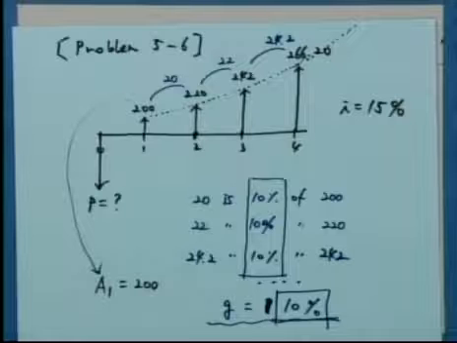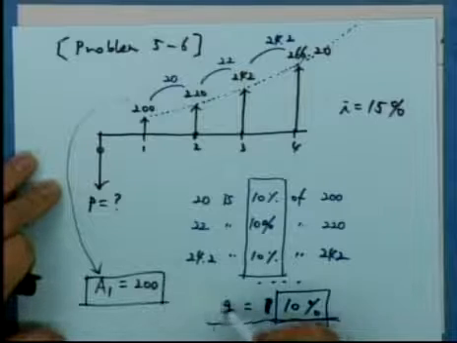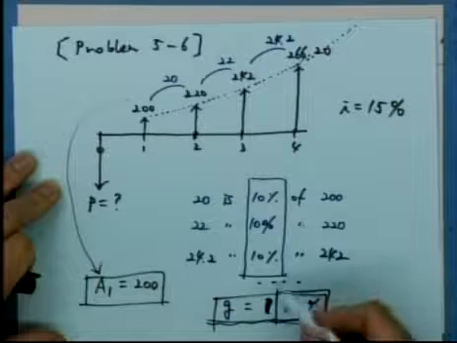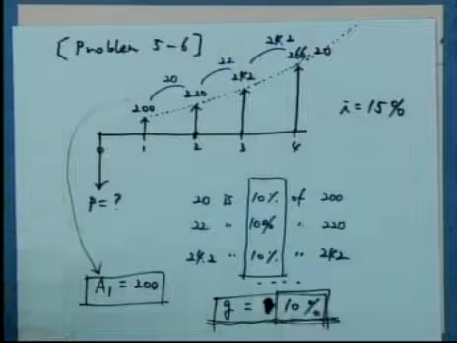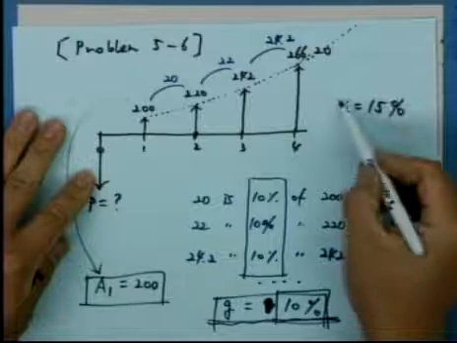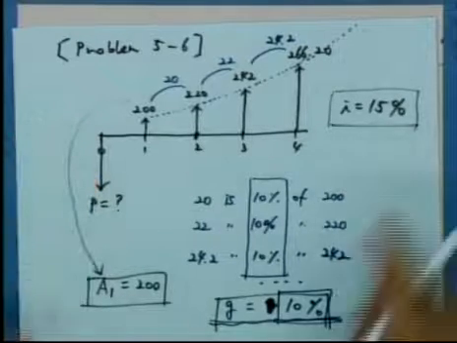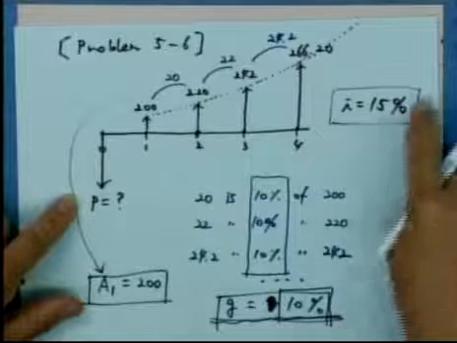Okay? So we have obtained these two values, G and A sub 1. And the given interest rate, I, is 15%, which is not equal to G.